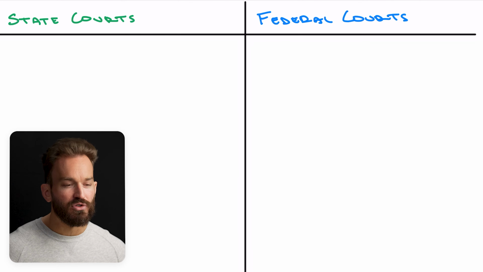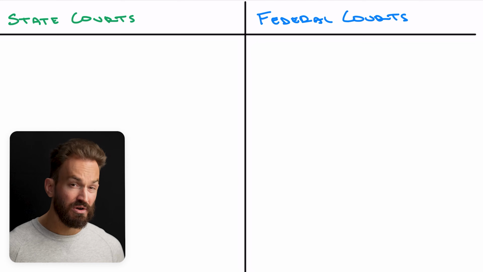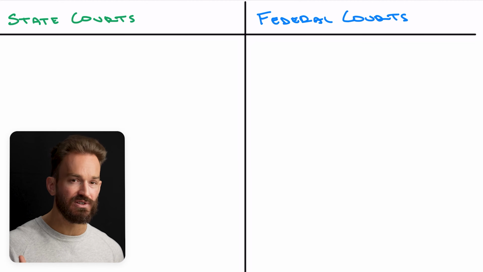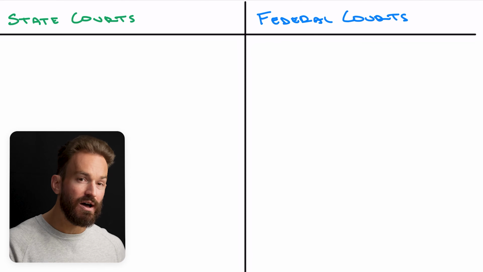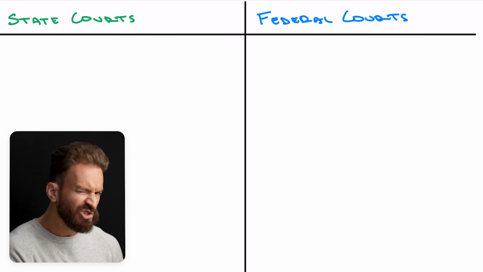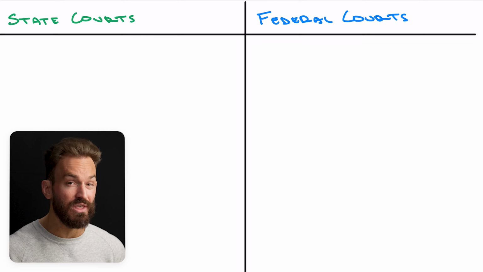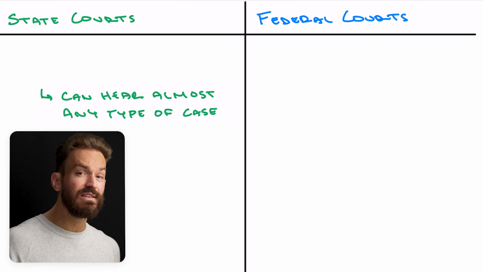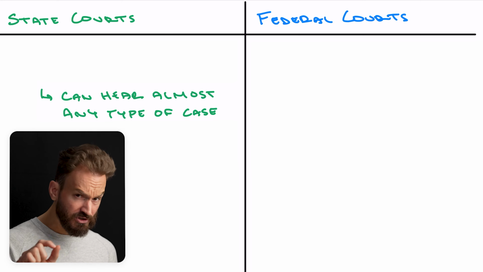Okay, and typically when we're thinking about subject matter jurisdiction, we're thinking about the type of case that's before the court. We're really asking, is this the type of case that this court can hear and decide? And this is usually a pretty easy question when we're dealing with a state court. State courts can hear and decide almost any type of case that comes before them. There are some exceptions.